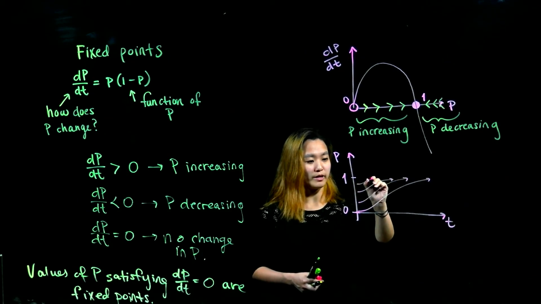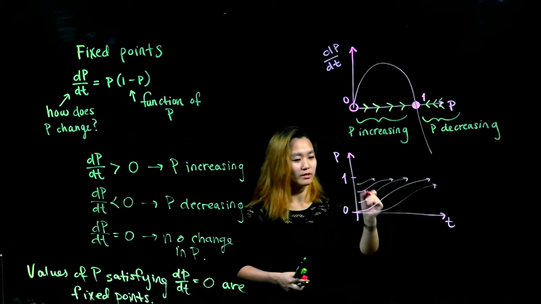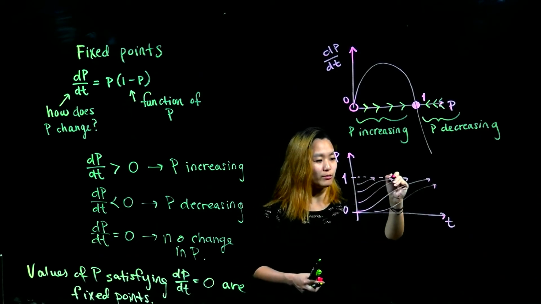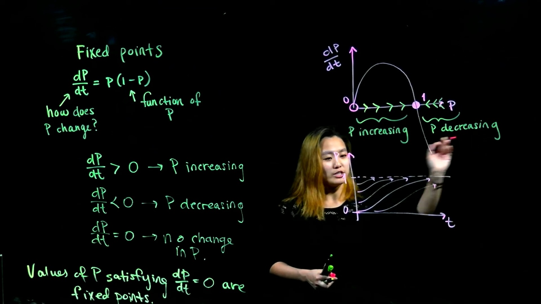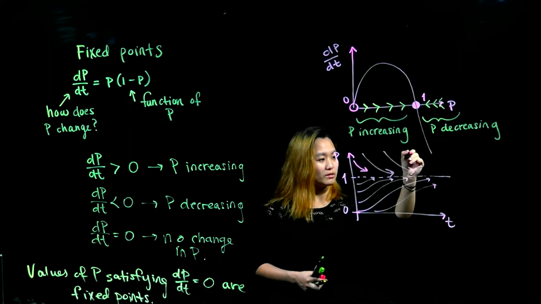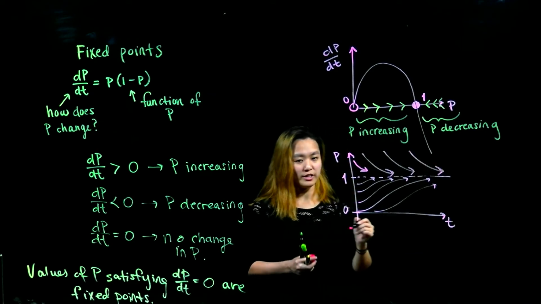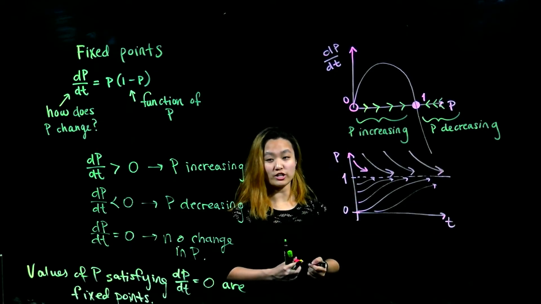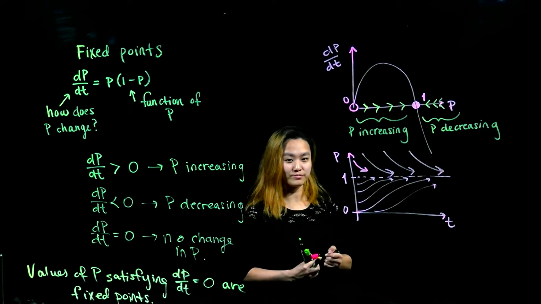So maybe it'll look like this. And then above p equals 1, population will decrease over time. Each of these lines I'm drawing here is called a solution trajectory for this system.